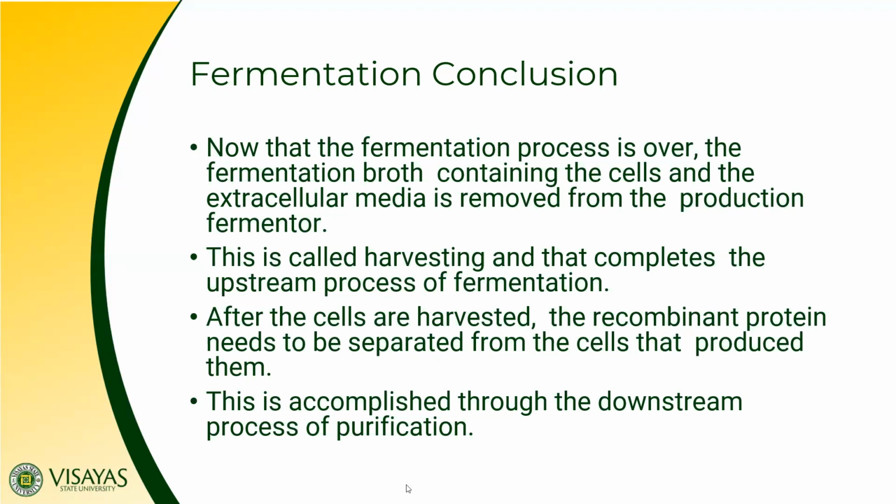This is now the downstream processing of the bioprocess, which we'll tackle in the second semester, the main focus of INBT122, Bioprocess 2. This is accomplished through the downstream process of purification.